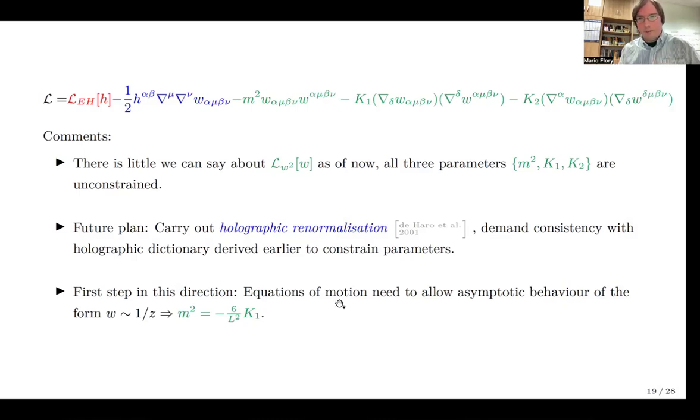Namely, if you remember, for this holographic dictionary that we derived to work, I told you that this field w has to have a specific asymptotic behavior near the boundary at z equals 0. And for generic values of m squared, k1 and k2, the equations of motion here are not going to allow for solutions of that form. So demanding that this is the case already allows us to constrain one of these parameters.